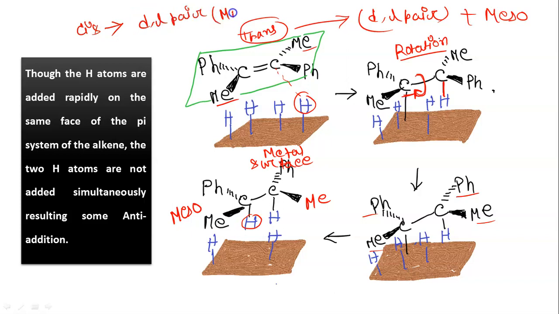Suppose the DL pair is minor in this case and meso is major, then it means that some anti-addition is also there. And in case of trans, the DL pair is actually major and meso is minor. Fine. So it proves that there is also some amount of anti-addition.